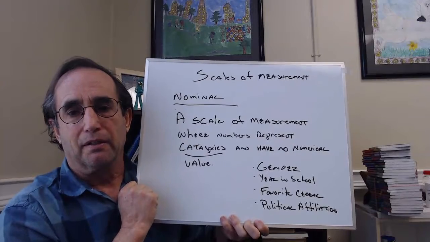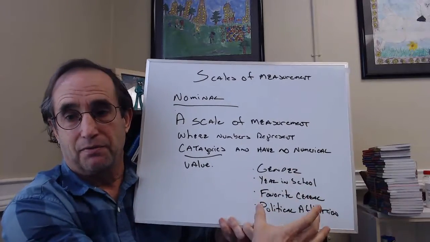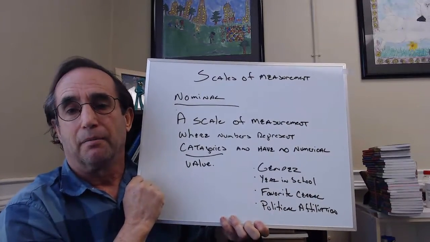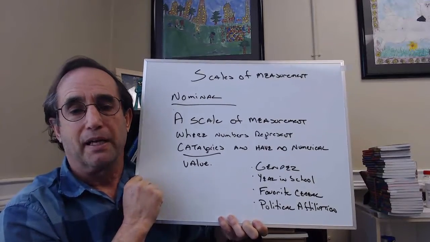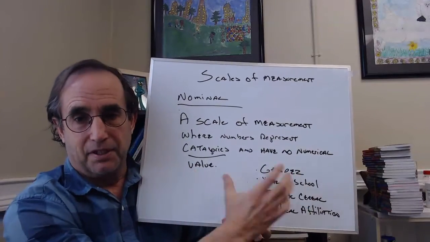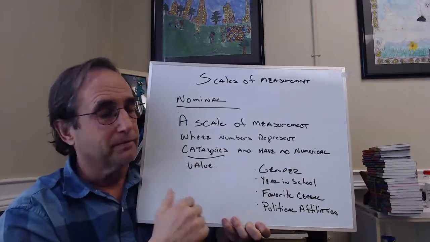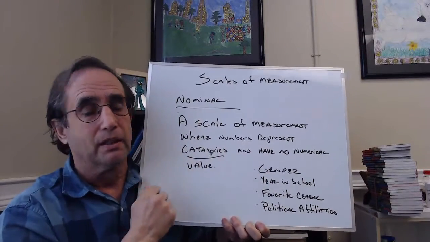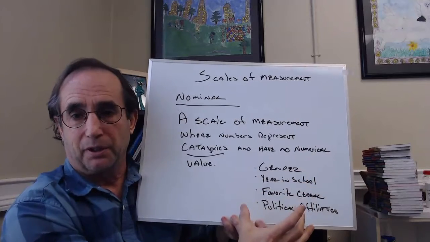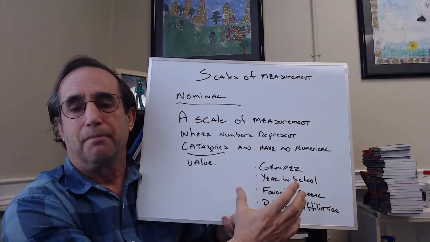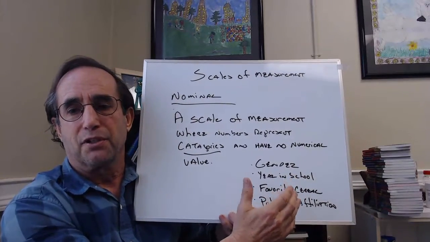Now, in coding values for your analysis, you may use numbers. So you may indicate in terms of gender 1 male, 2 female, or 1 female, 2 male. It doesn't really matter. That number is just used for coding.